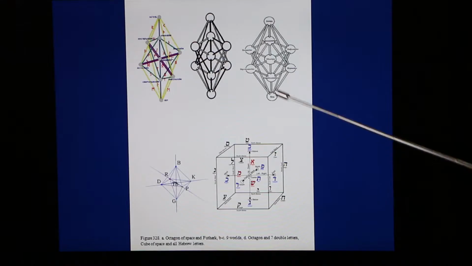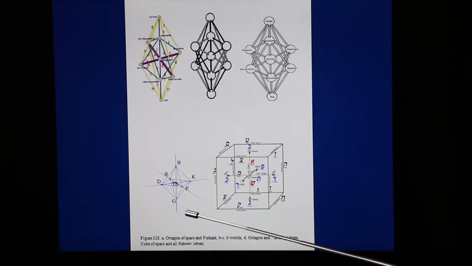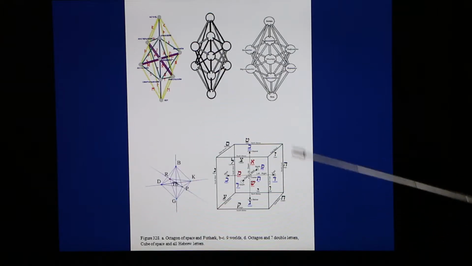And that gets you then, on the one hand, to the 9 worlds, but also to the world tree, which can sometimes be represented like this, and sometimes become a physical tree, and sometimes, as we noted, bits of this then become individual runes. Here is an octagon now to deal with BGD KPRT, so the 7 double letters of Hebrew, and here you see another version of the cube related to the alphabet.